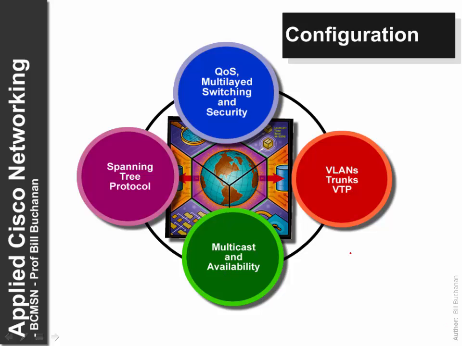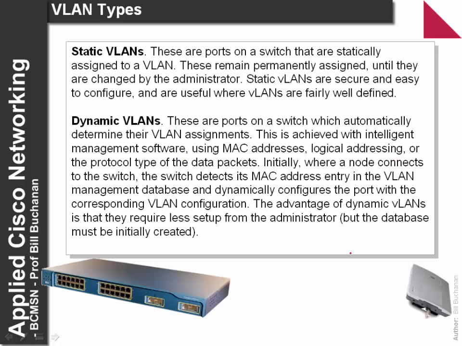Okay, so let's see how we configure our VLANs. Basically, there are two types: a static VLAN, where nodes are permanently assigned to a VLAN, typically depending on the port that they actually connect to. We can also have dynamic VLANs, where a user or a certain machine, no matter which port on the switch they connect to, will still connect to the same VLAN.